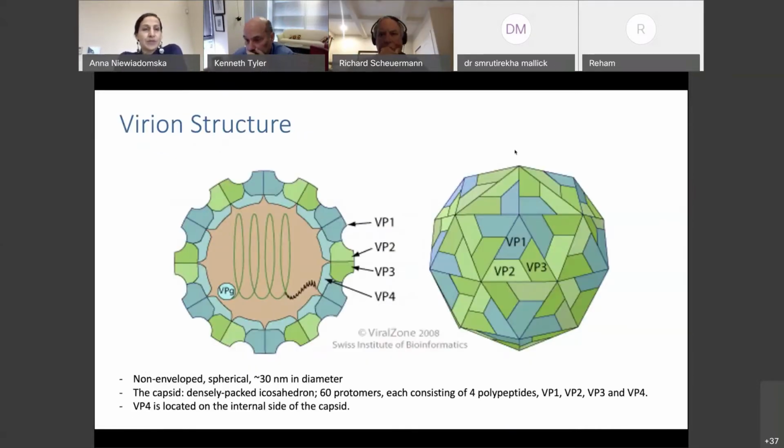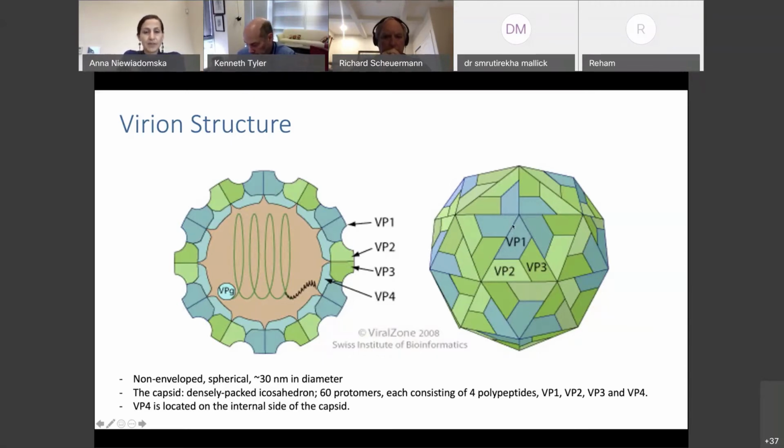So Picornaviridae tend to have very similar structures. They're non-enveloped, unlike most of the other viruses that we've discussed in this series. And they tend to have a very geometric structure. They're spherical, and they're packed together usually with 4 structural proteins, VP1, VP2, and VP3, which are on the outside and form this triangular pattern.